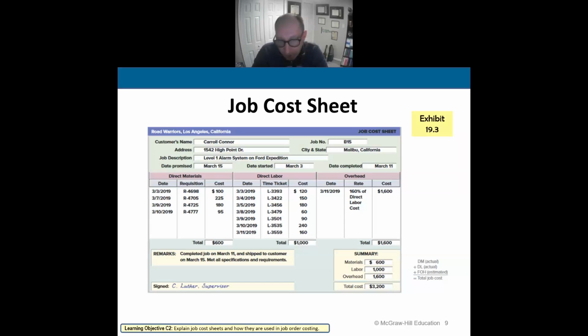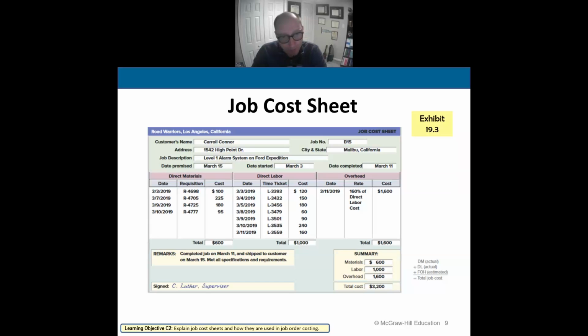I can't directly trace depreciation or utilities or the supervisor's salary or whatever. Too hard to do. What a lot of businesses do is they use a percentage of something like direct labor to figure out how much overhead to apply to that job. It's not an exact science. I mean, it's close, but it's not always exact.